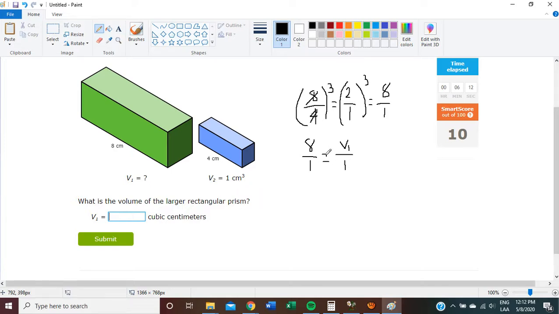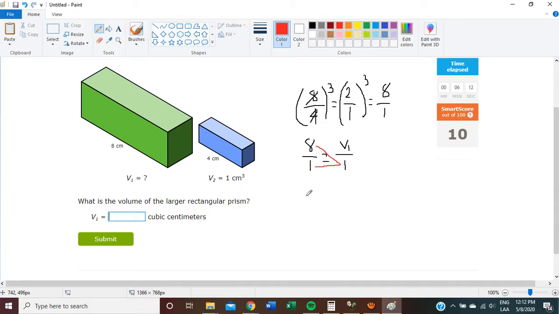Okay, so we just, sorry, let me use red. 8 times 1 equals 8, and 8 divided by 1 equals 8.